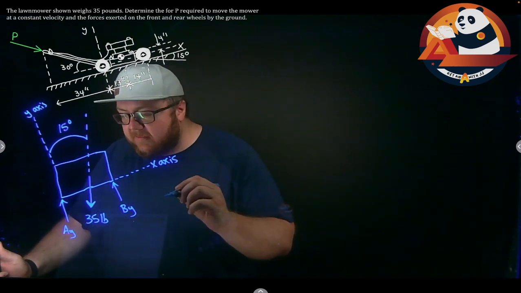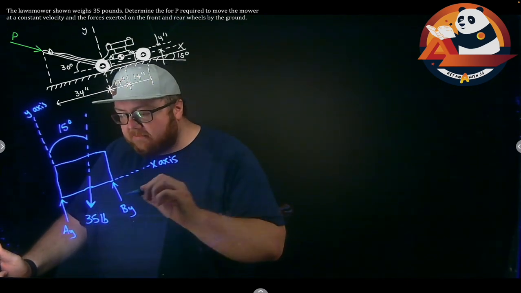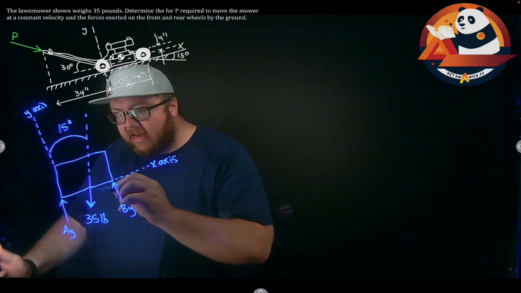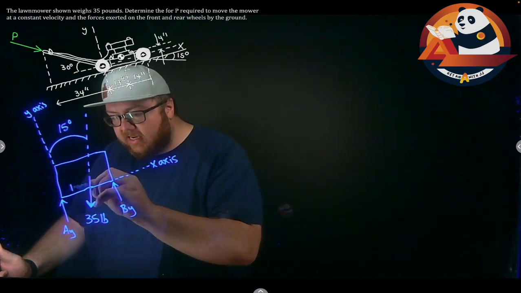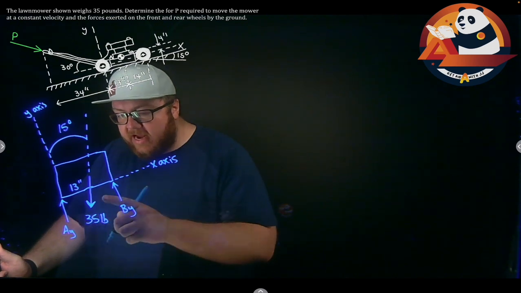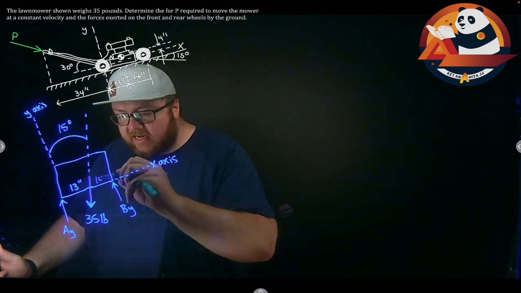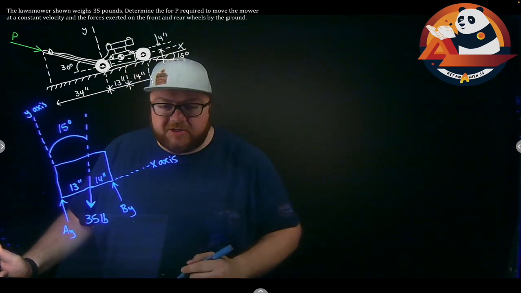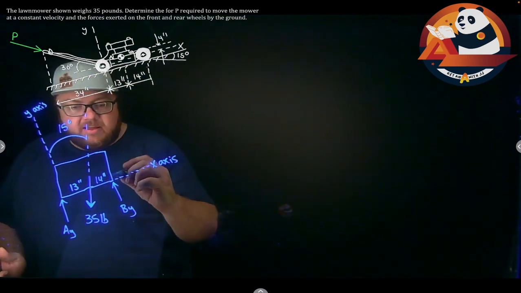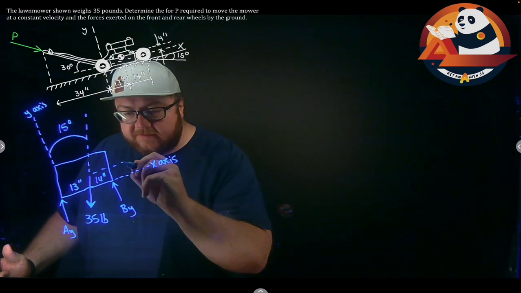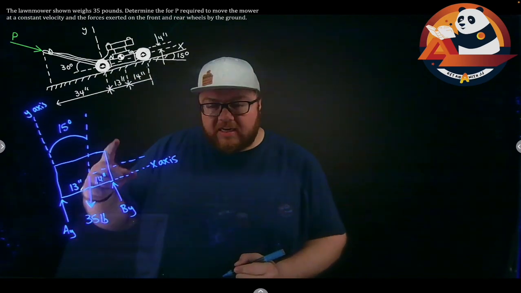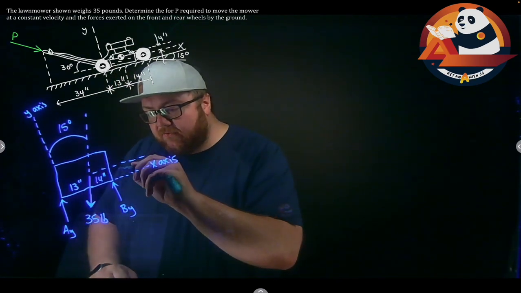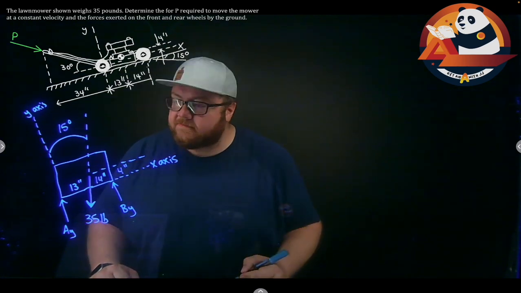I also need some dimensions. We have 13 inches from A to the weight, 14 inches from the weight up to the front roller. And then vertically in our Y direction, from the ground to the center of gravity is given as 4 inches.